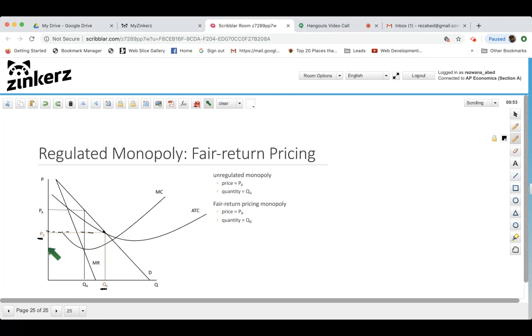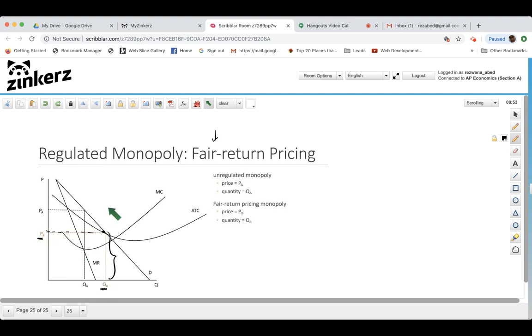So this price of PB and this quantity of QB is how much they're going to charge and how much they're going to produce if it's a fair return pricing monopoly. As you can see, at QB the average total cost of producing QB is this much, and this is how much quantity they're going to produce.